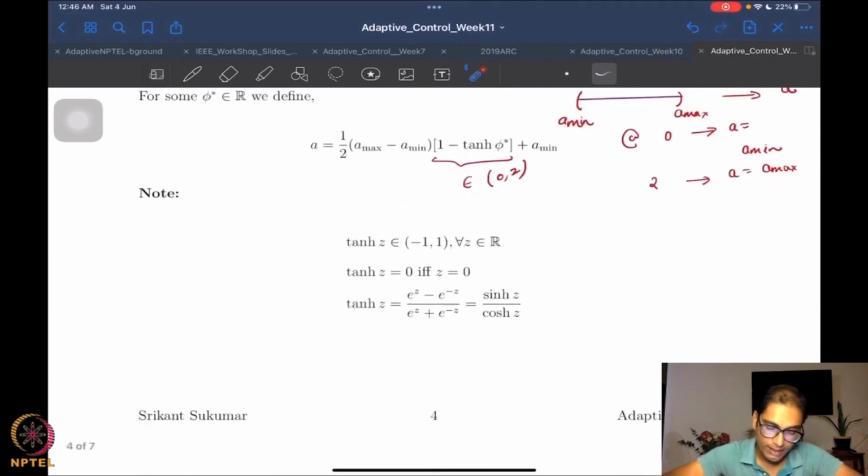Excellent. So tan hyperbolic z lies between -1 to 1. It is exactly 0 if and only if z is 0. And tan hyperbolic z is actually this expression.